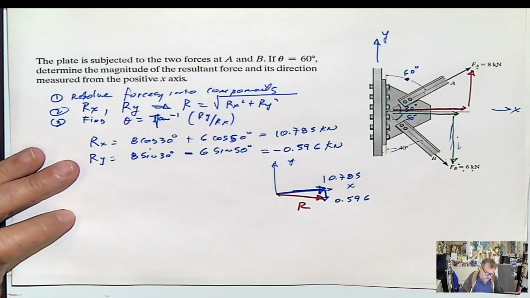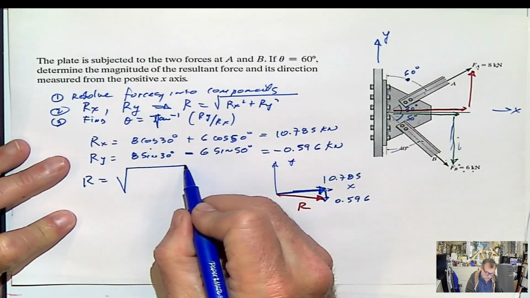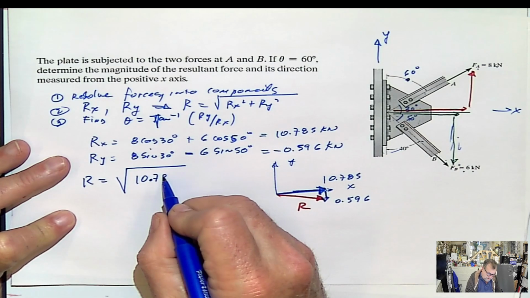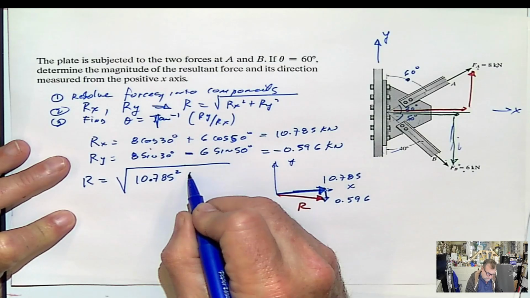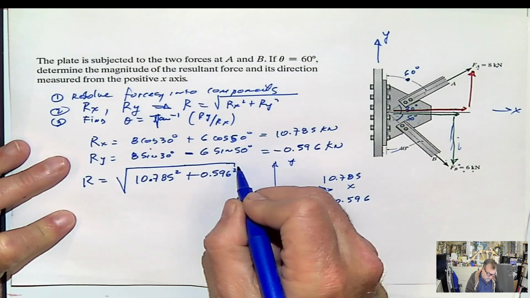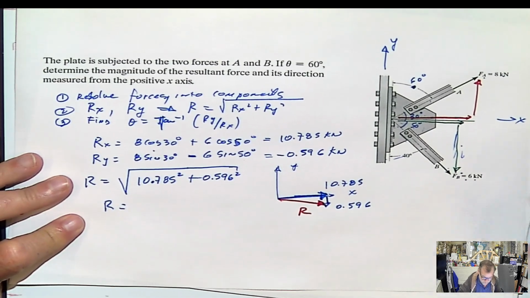How do you find the resultant force? Resultant force is going to be the square root of 10.785 squared plus 0.596 squared. I didn't put the sign, but I don't care, it's a square.